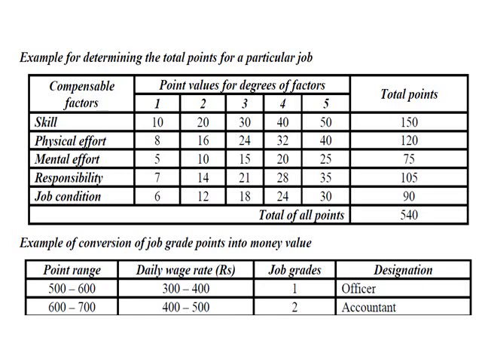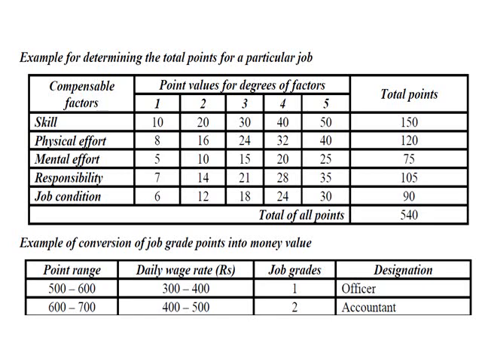If the skill level is level 3, we will give a point of 40. If the skill level is 4, we will give a point of 50. If the skill level is level 5, we will give a point of 50. Similarly for the factors physical, mental, responsibility and job condition. For a specific job, we will calculate the total points accumulated, and from there we will give the money.